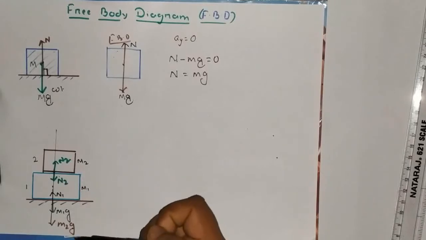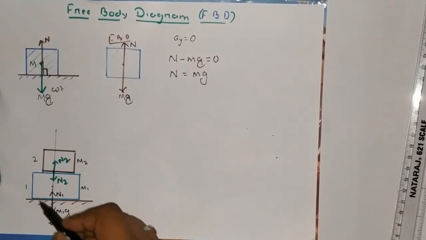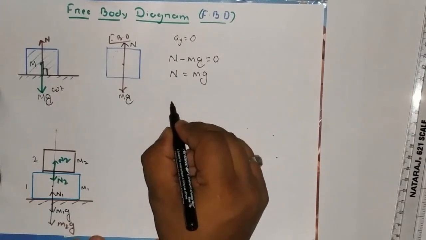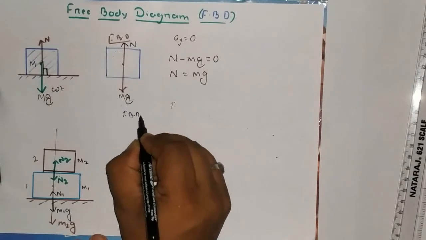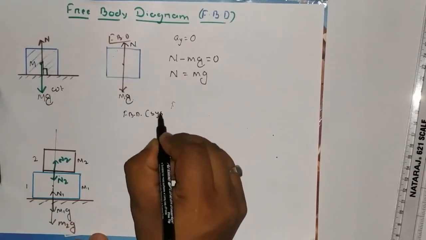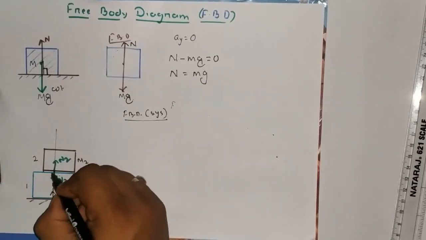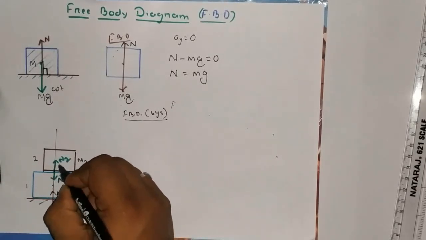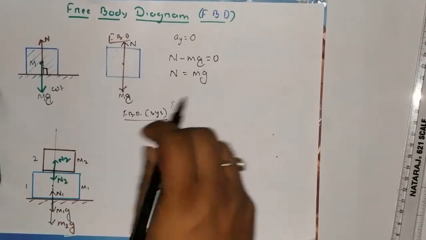Is it clear now? Let us draw three free body diagrams: for the system, for 1, and for 2. So I am writing now, free body diagram for the system. If I take this system, these two forces, downward and upward, are internal forces.